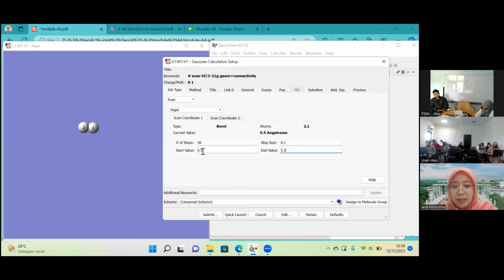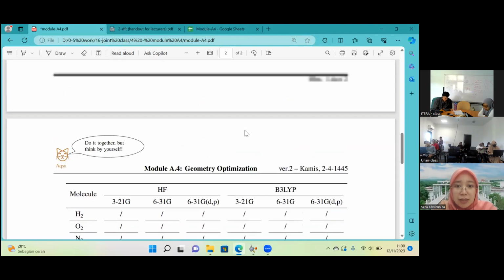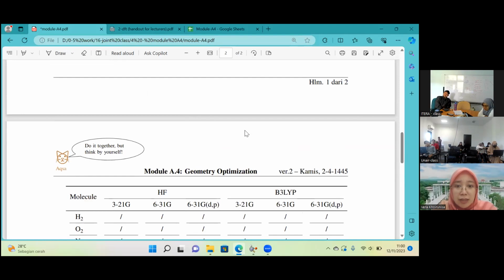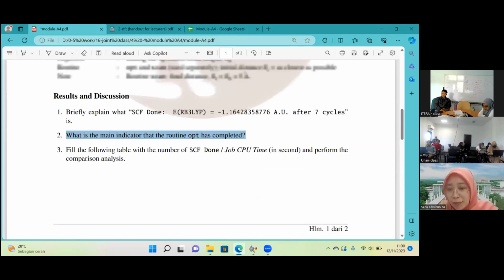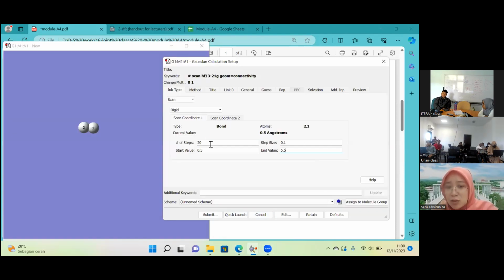We start from 0.5 angstrom and add 5 angstrom, so there will be 5.5. Since I choose the number of steps to be 50, the step size will be 0.1 angstrom. Okay.